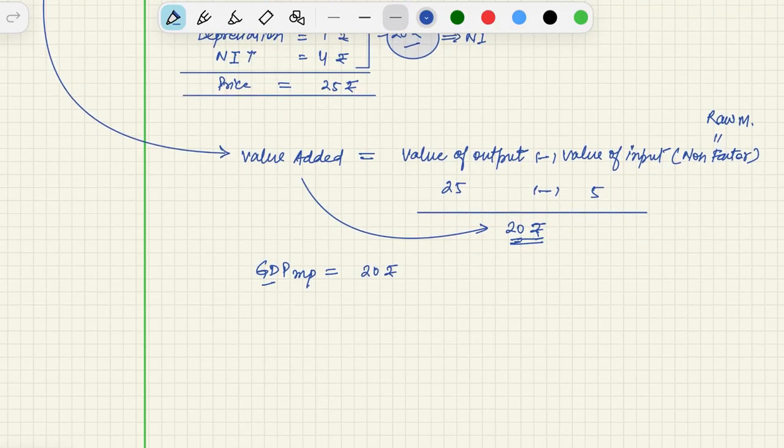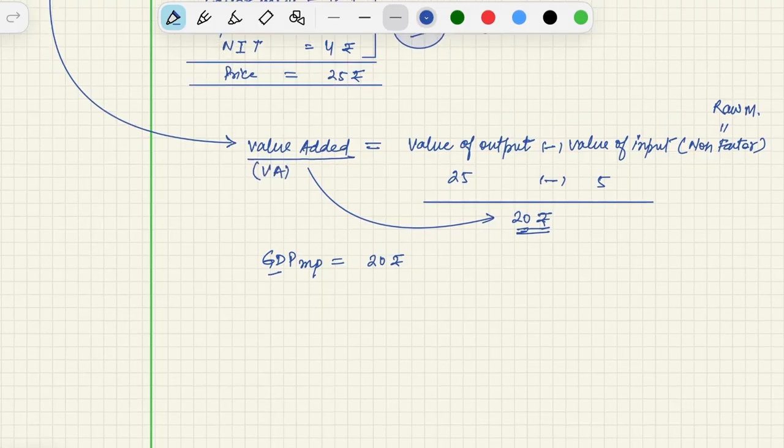In the production method, we also call it value addition, VA, or GVA, gross value addition at market price. It is 20 rupees. So either you call it GDPMP or GVAMP.